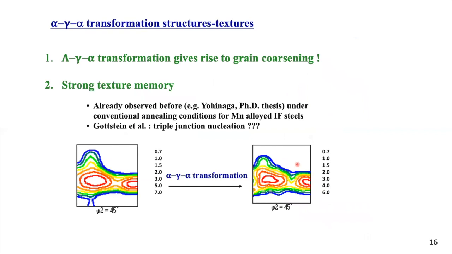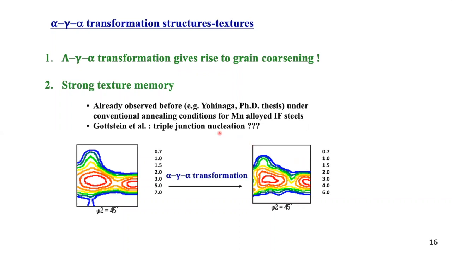Another example is that at some point we were doing annealing treatments on cold rolled steel, and it's an IF steel. We like IF steel because it's simple, in fact, because it's a single phase ferrite structure, and very often we use it as a kind of model material.